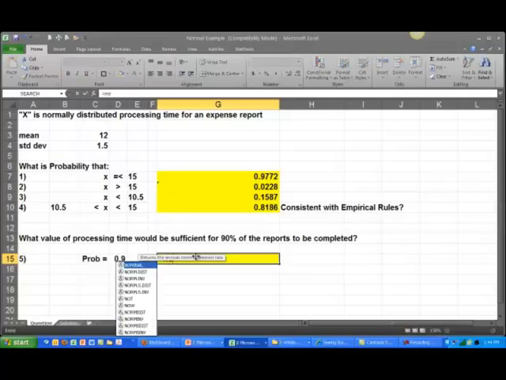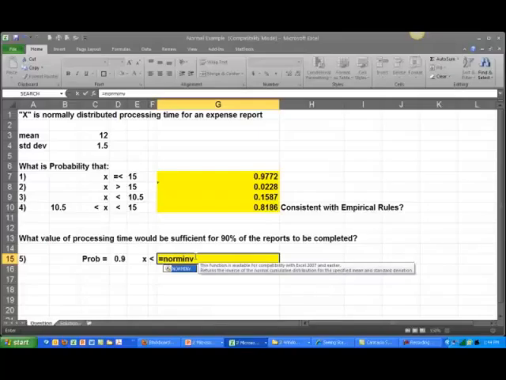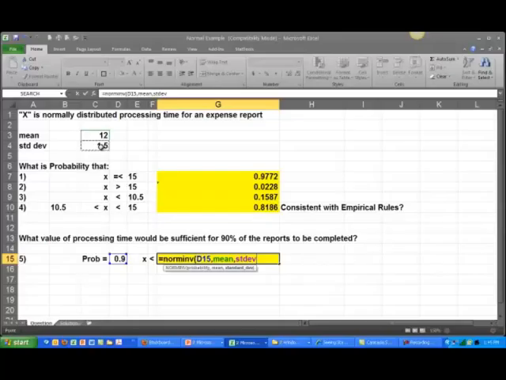So I'll say equals norm inverse. First thing it asks me for is this cumulative probability, which is going to be 90% or 0.9. And then I put in my mean and standard deviation. I don't have to put in a 1 here. Cumulative flag is not an argument in this function.